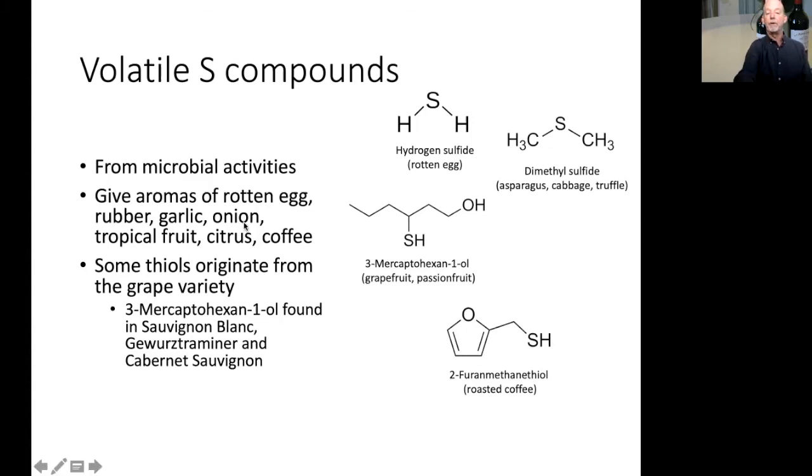They can give you these aromas of rotten egg, rubber, garlic, onion, tropical fruit, citrus, coffee. Some of these styles are originating from the grape variety itself. So for example, the 3-mercaptohexane-1-ol found in Sauvignon Blanc and Gewürztraminer and Cabernet Sauvignon is produced in the grape variety.